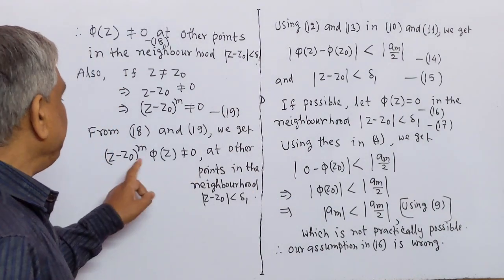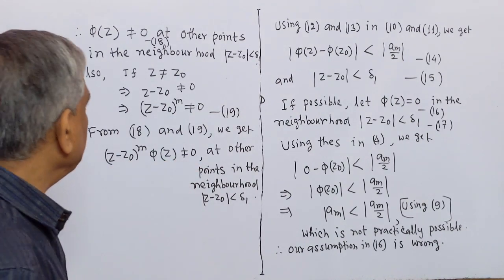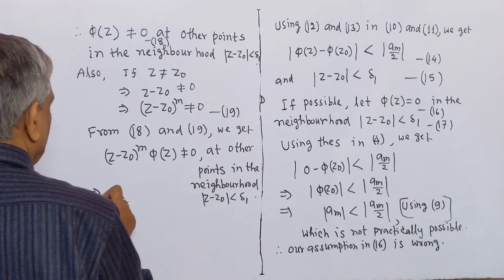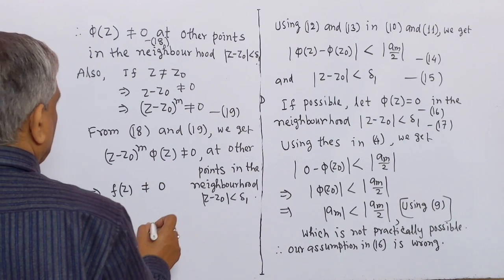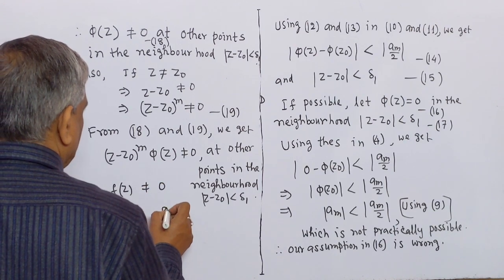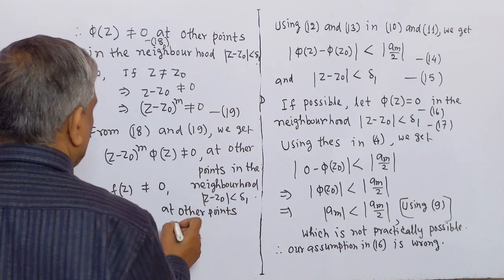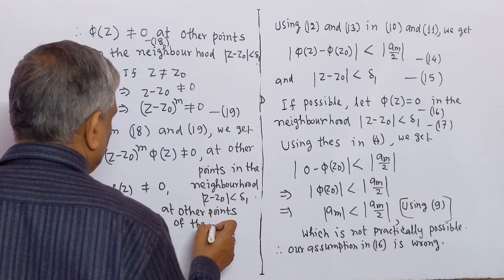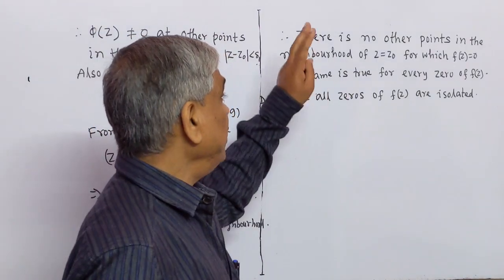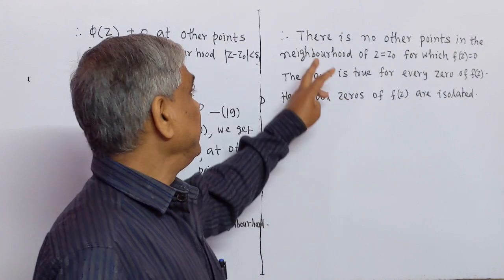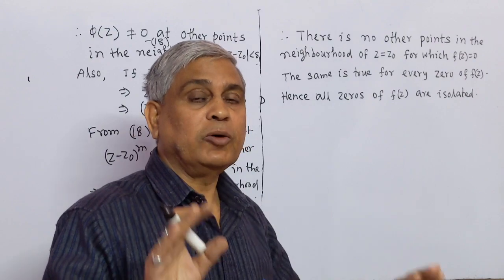Other points means except z equal to z0, and at other points this is not equal to 0 and this value is f(z) not equal to 0 at other points of the neighborhood. Therefore, there is no other points in the neighborhood of z equal to z0 for which f(z) equal to 0.